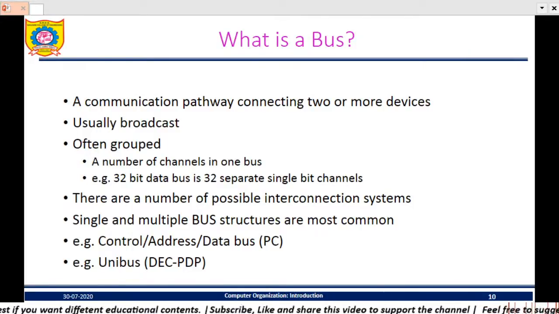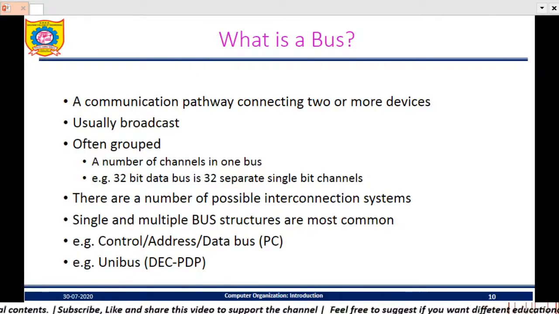So we'll move on. These buses are mostly grouped. They are not single, they are grouped into a number of channels. One bus might be used for address, one for data, one for control signals. These are grouped in different ways and combinedly called the system bus.